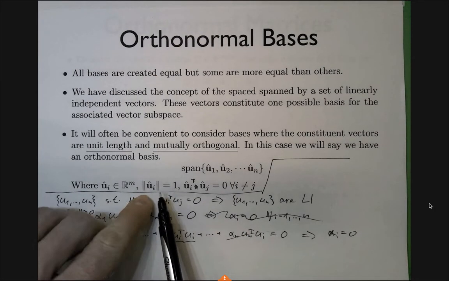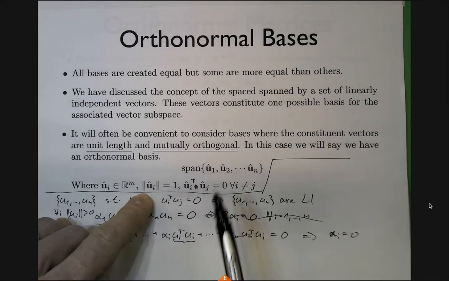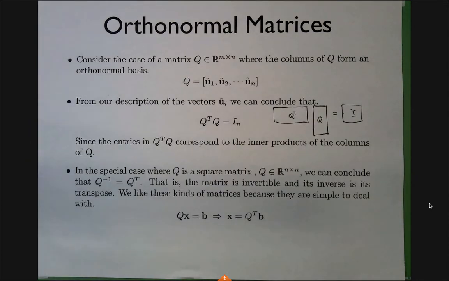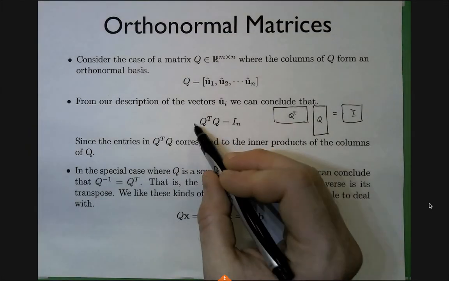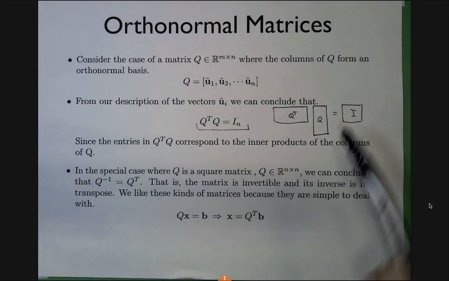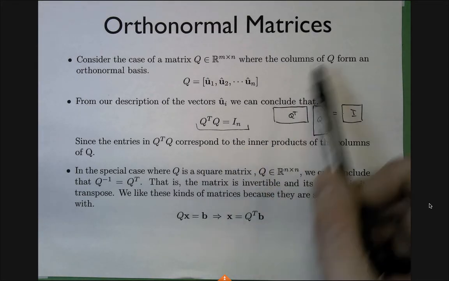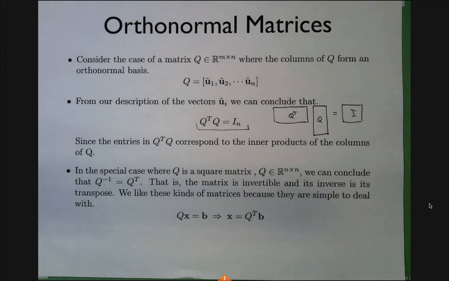So this is saying the same thing as I said here, right? If I dot the vector with itself, I get 1. If I dot it with another one, I get 0. So indeed, this is basically an elegant way of saying that all the columns of Q are orthonormal. QTQ equals I_n is a matrix way of saying that the columns of Q are orthonormal. Everybody sees that? Great.